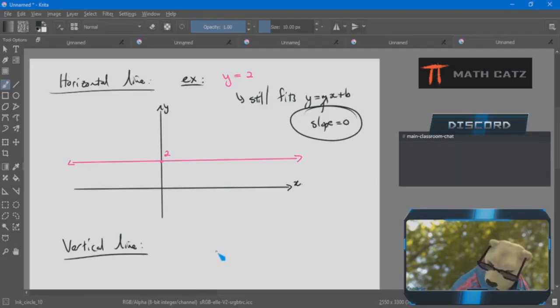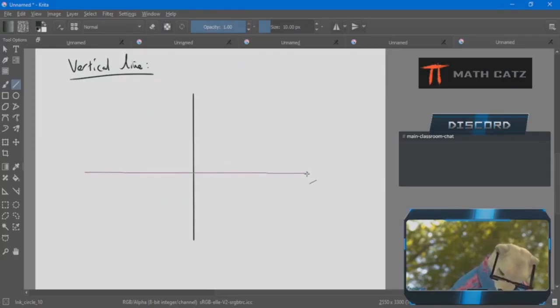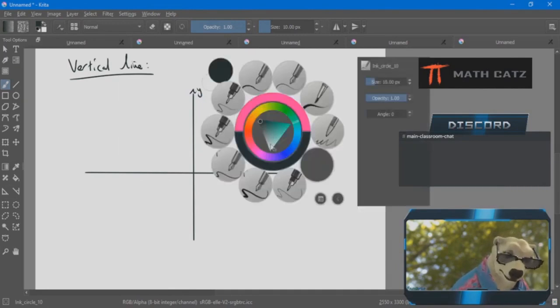The other one is a vertical straight line. Let's draw that. Set things up. Let's make it pink. Well, we've used pink. Let's try blue.